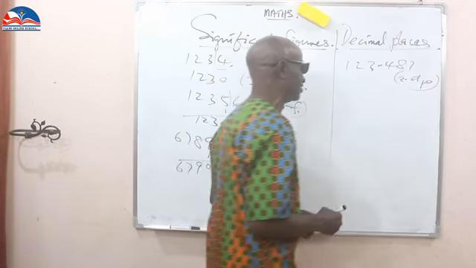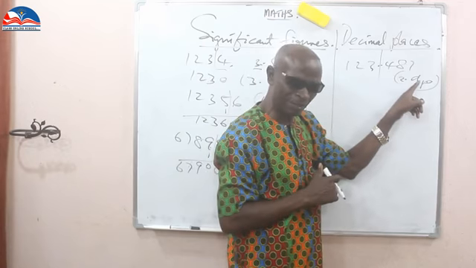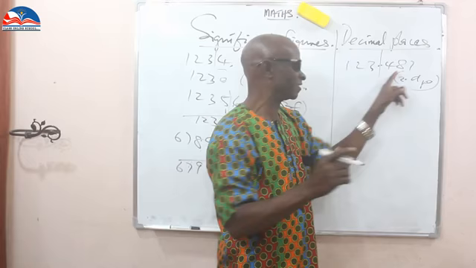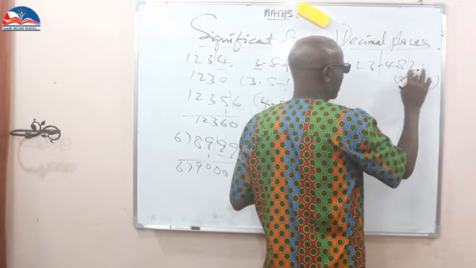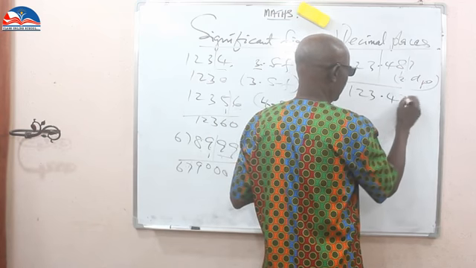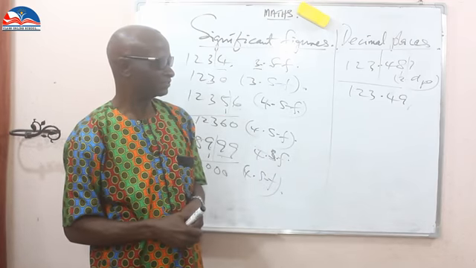So I start from here, because emphasis is on the decimal point. I count 2 numbers from the decimal point: 4 and 7. But the next immediate number is 8, so add it here. So this number is 123.48. That's decimal places.